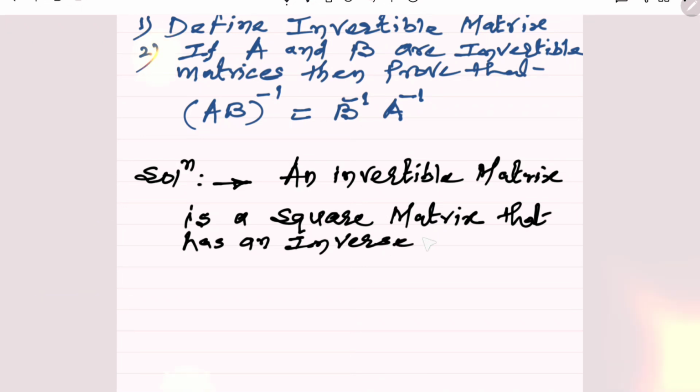Means if the inverse exists, then that matrix is said to be an invertible matrix. This is the definition.